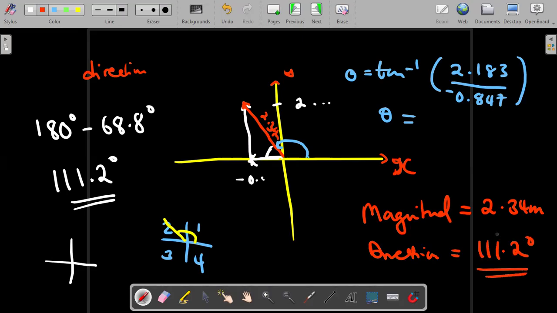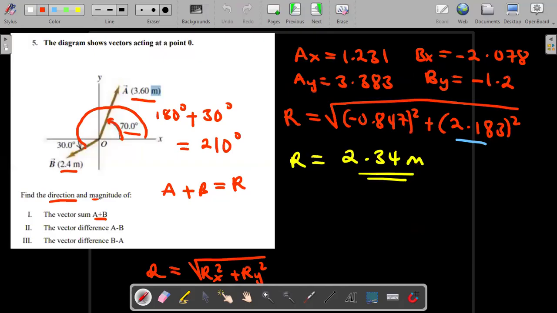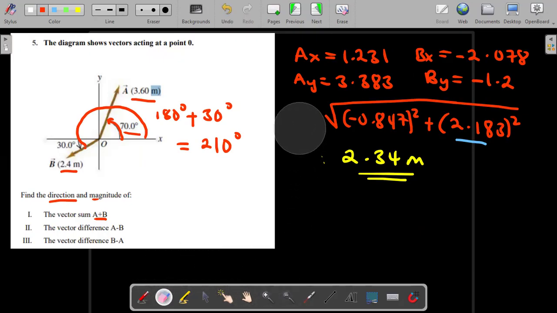So this is my answer for part A of the question. I don't know if we have any questions here as we move on to part 2 of the question. There's no question, so let's move on to part 2.